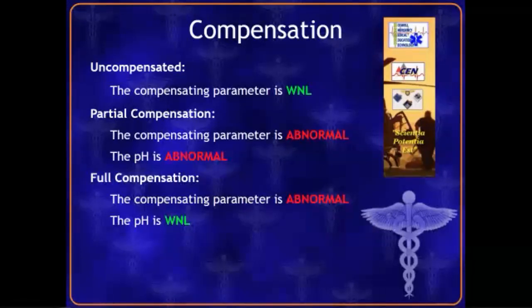As I start to compensate, the one system that's going to compensate and basically save my body starts to be out of range, but it's not out of range enough to make the pH normal. And then fully compensated is when the compensating system, that value is out of range enough now that it's driven the pH back between 7.35 and 7.45. So it's just a stepwise progression.